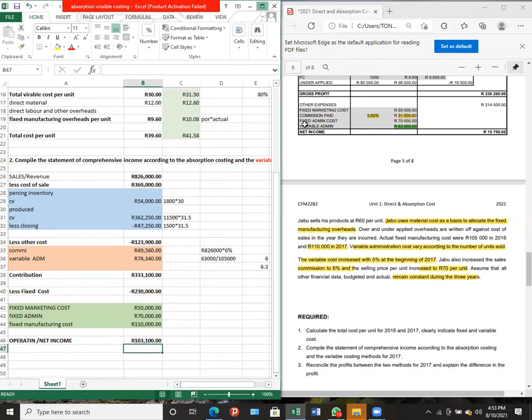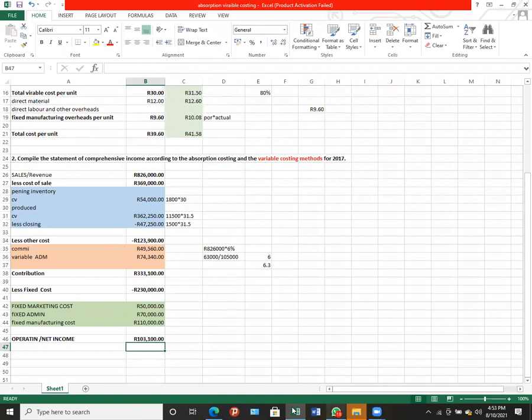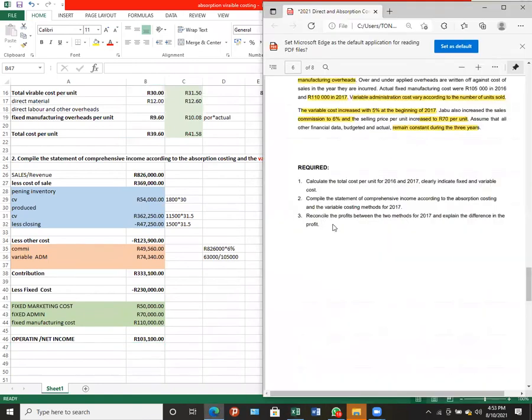We are done. And then for here, we have been required to calculate the reconciliation: reconcile the profit between two methods and explain the difference in the profit. This we are going to do next week, guys, because now we only did the variable method.